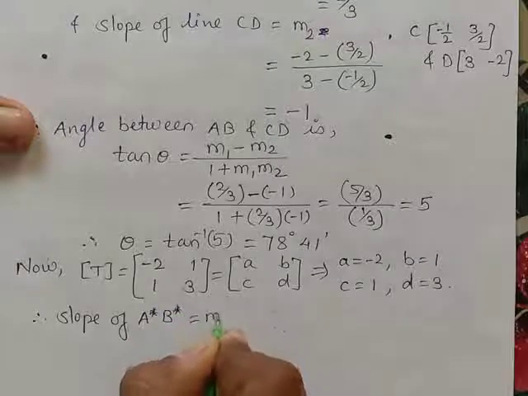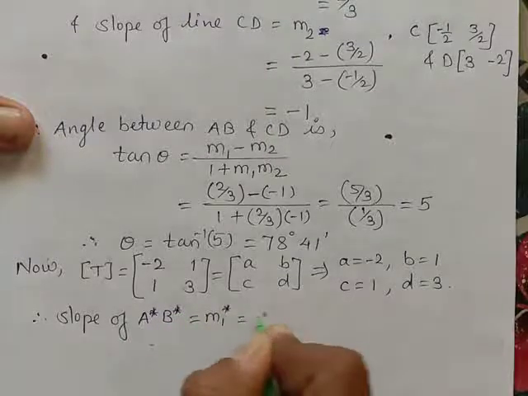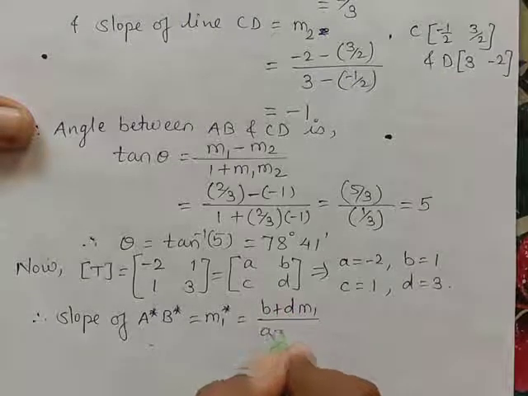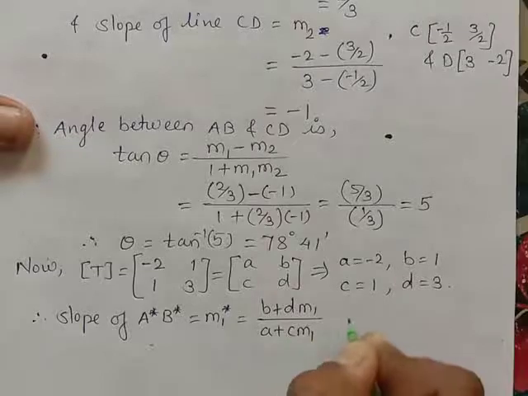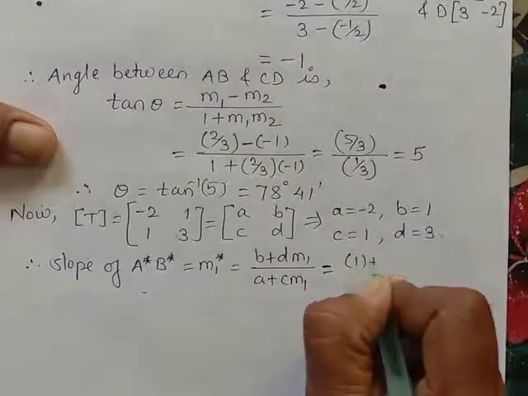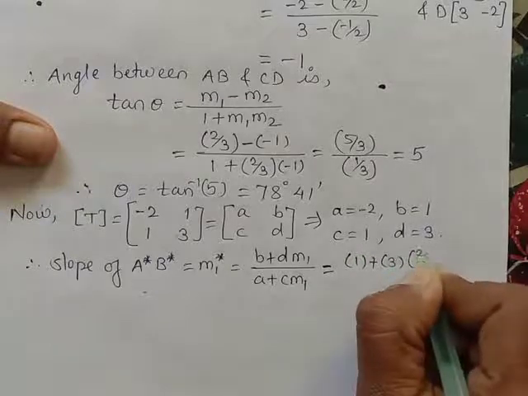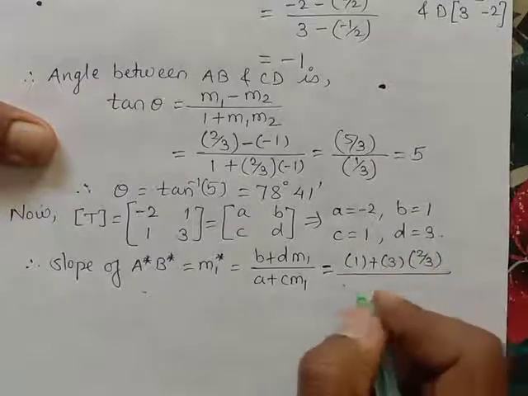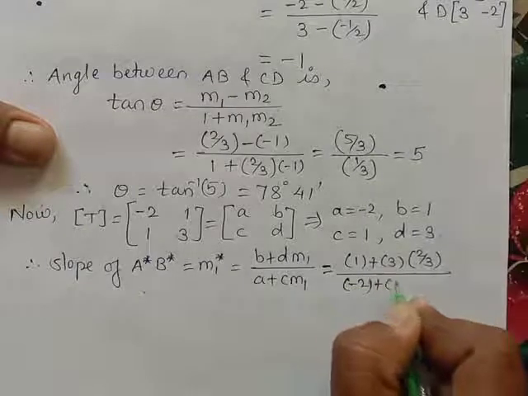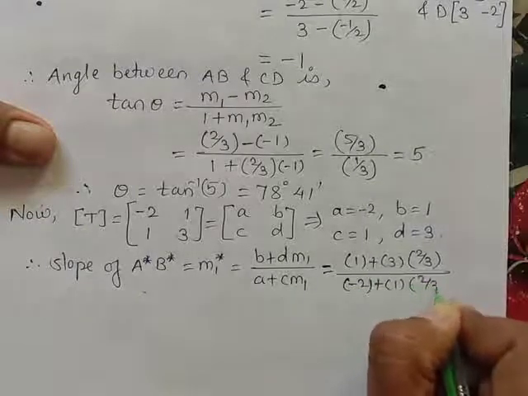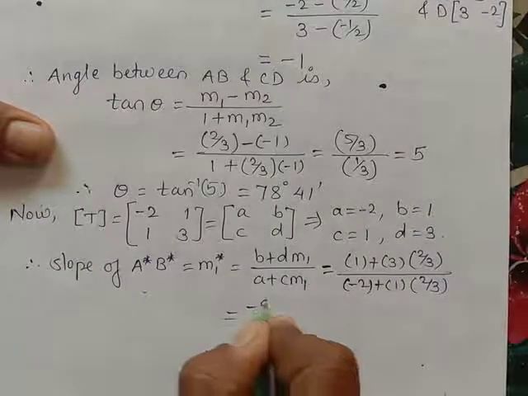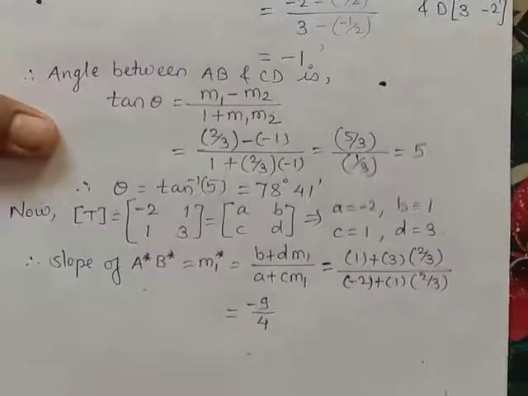That will be M1 star. That is (B plus D M1) upon (A plus C M1). That is equal to 1 plus 3 into 2 by 3 upon minus 2 plus 1 into 2 by 3. Simplifying it, we get it is minus 9 by 4.